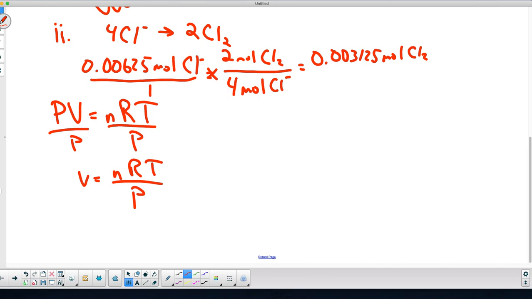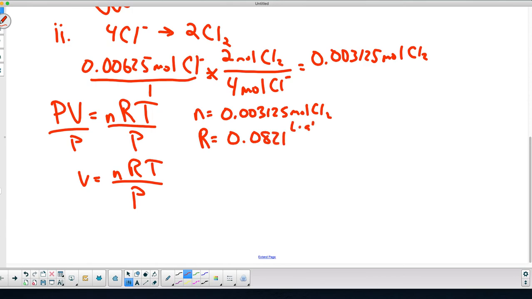So let's see. If I'm listing the stuff that I have, this is the number of moles of Cl2. I have my R value. Where are my R values at? 0.0821.